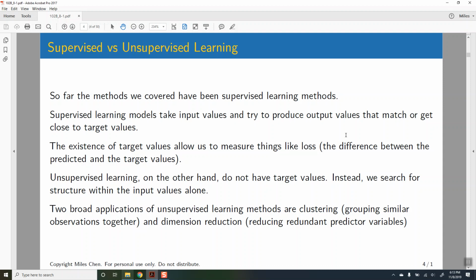So that's supervised learning. You know what the answer should be, and you have a way to measure how different your prediction is from the correct answer. Okay, and so we say that's your measure of loss, a measure of how wrong you are.